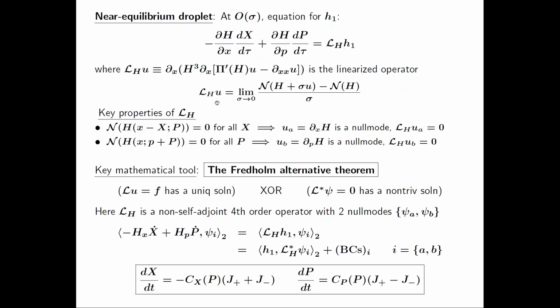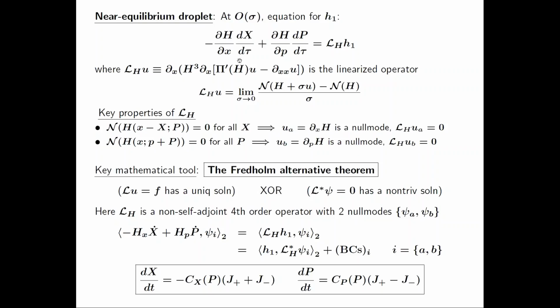So this operator has one null mode based on translating the solution, which is going to be a derivative of the droplet profile. And there's another null mode based on having a continuous family of drops of every possible mass or pressure. So I have these two functions in terms of the droplet profile that are going to be null modes of this operator that appears on the right-hand side here.